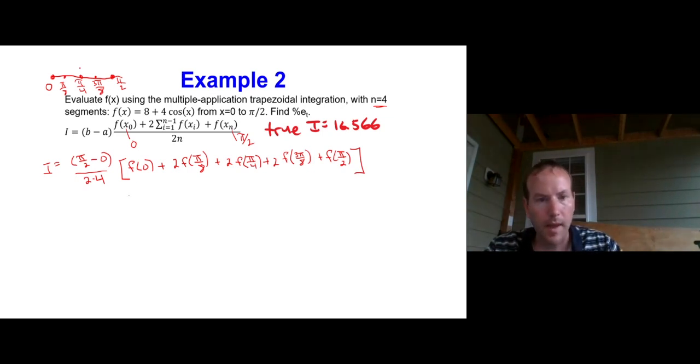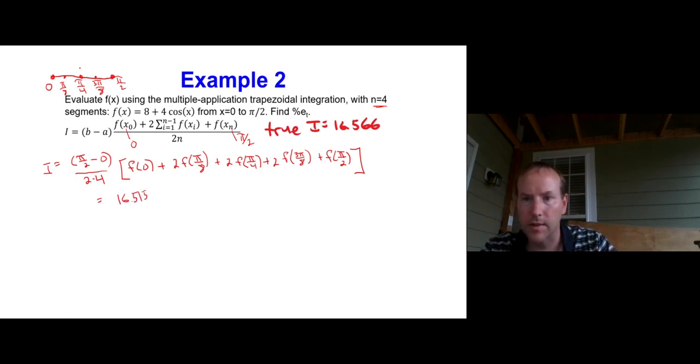Okay? And if you throw it in your calculator and compute each of those function values, you should get 16.515, which you can see is much closer to the true integral of this equation. And all we're doing is really breaking down this cosine function and approximating it as a series of trapezoids.